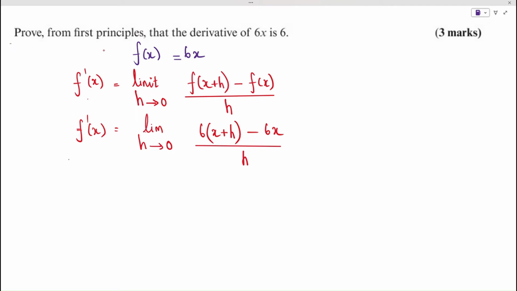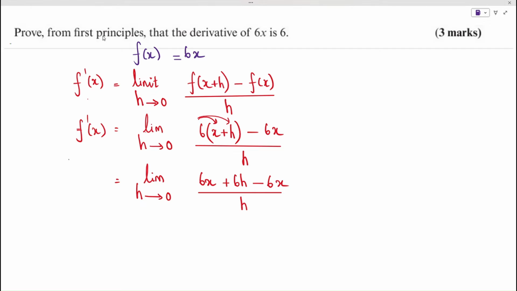And so this is equal to lim, as h tends to 0, 6 multiplied by x in the brackets, plus 6h, minus 6x all over h.